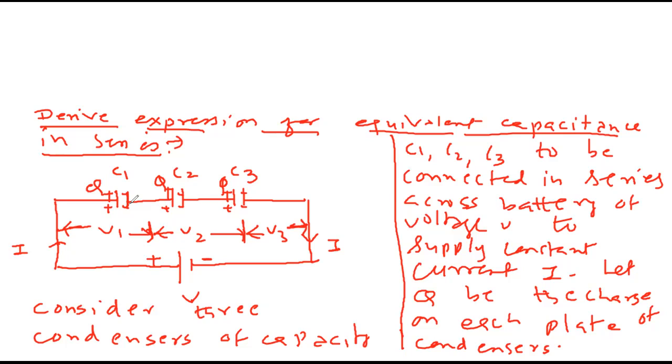Done, sir. So three condensers C1, C2, C3 connected in series across battery of voltage V to supply constant current I. Let Q be the charge on each plate of condenser.